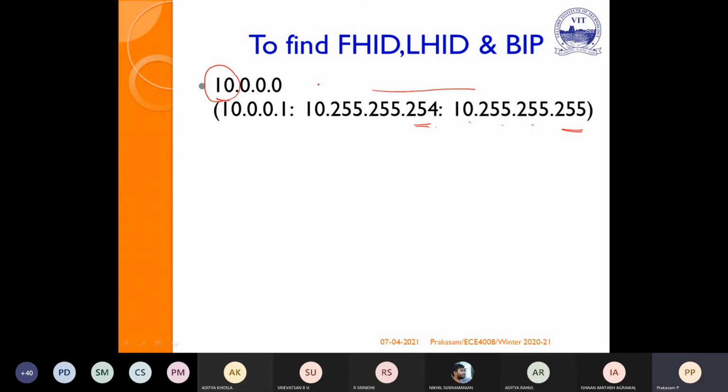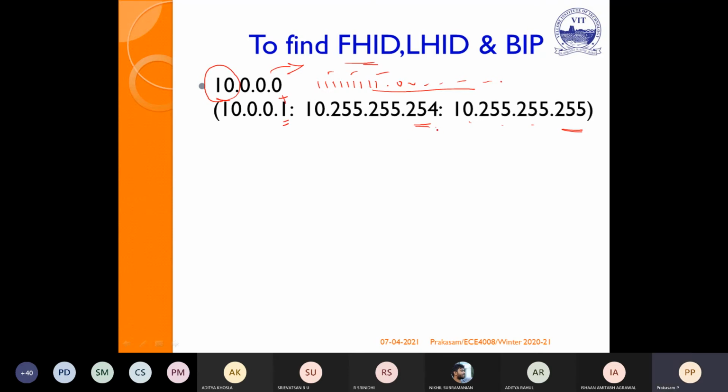How will you find this? It is very simple. Convert these into binary, then create the mask. The first field is 8 ones, and the remaining are all 0. Then do the AND operation. You will get 10.0.0.0, plus 1, so this is the first host ID.